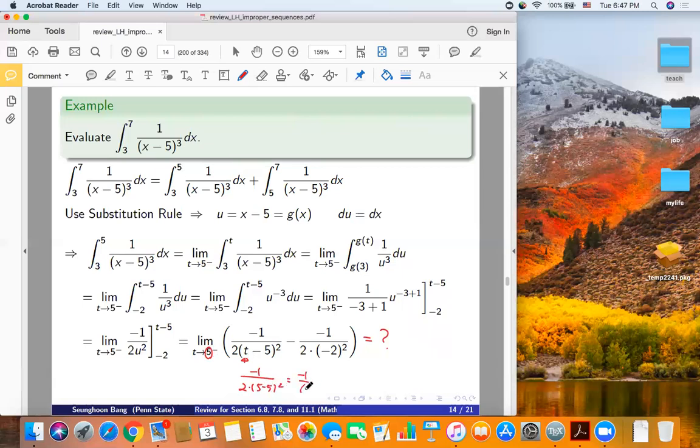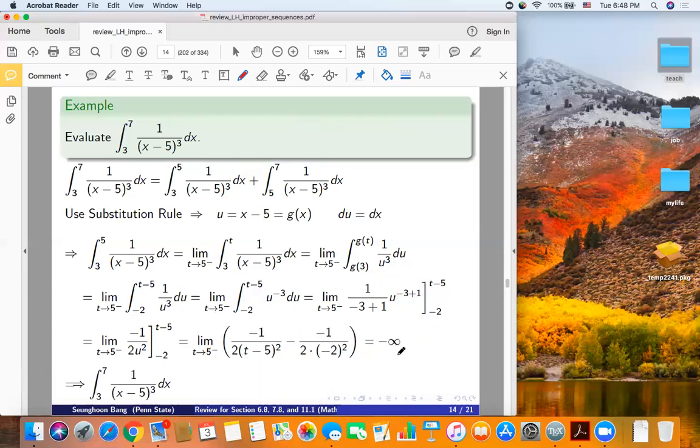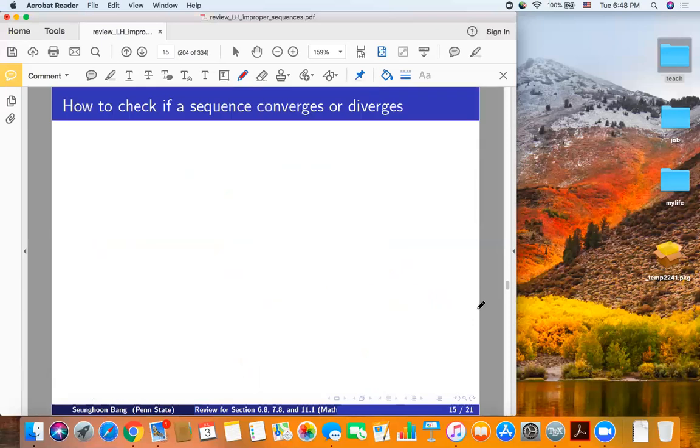This is minus 1 over 0, undefined. We have two possible answers, infinity or minus infinity. It's 1 over 0 minus, not times, 1 over 8. This is negative, 1 over 0 minus 1 over 8. So here we have negative infinity. So the integral is divergent. The limit does not exist. This is the reason.